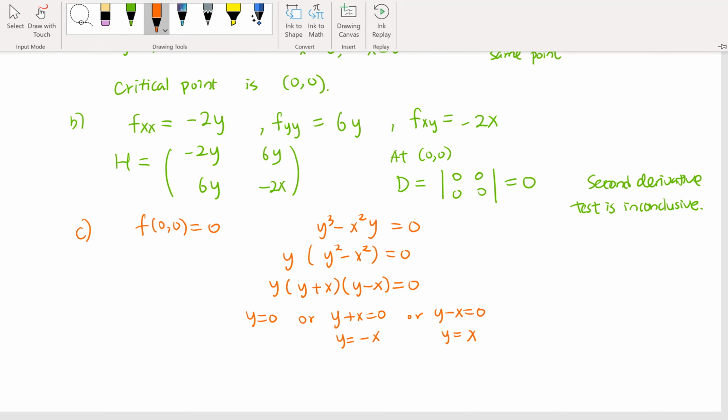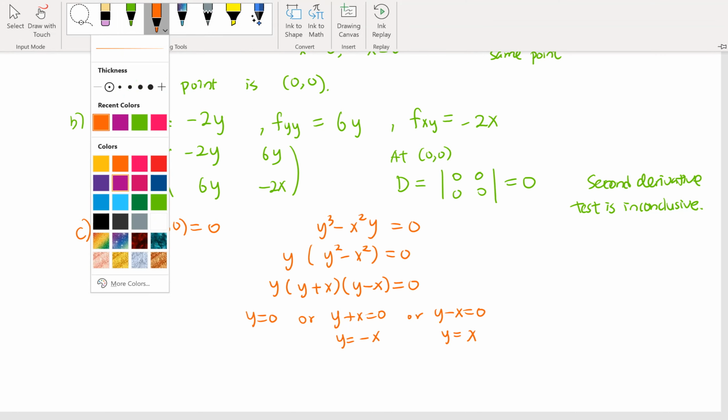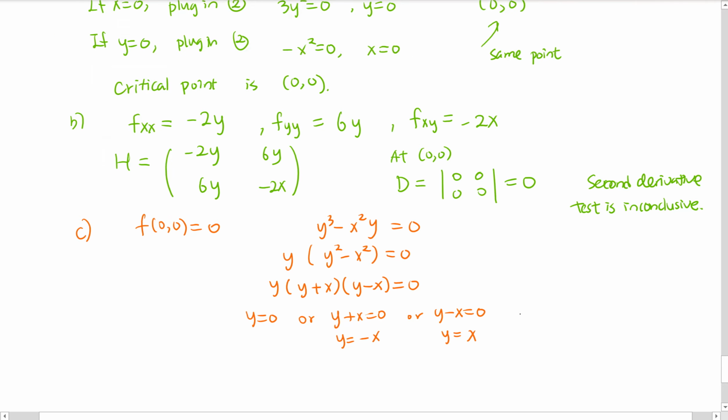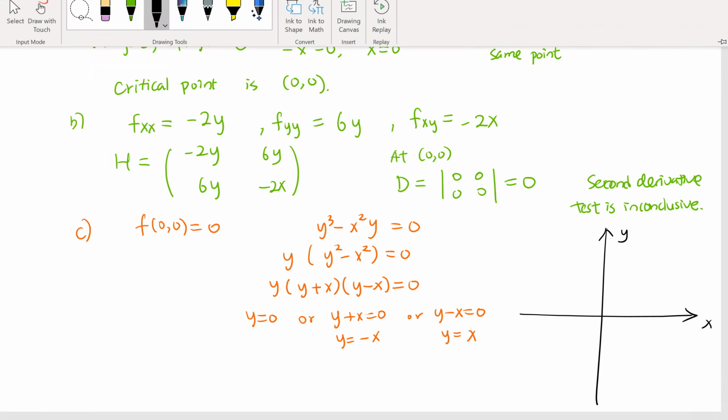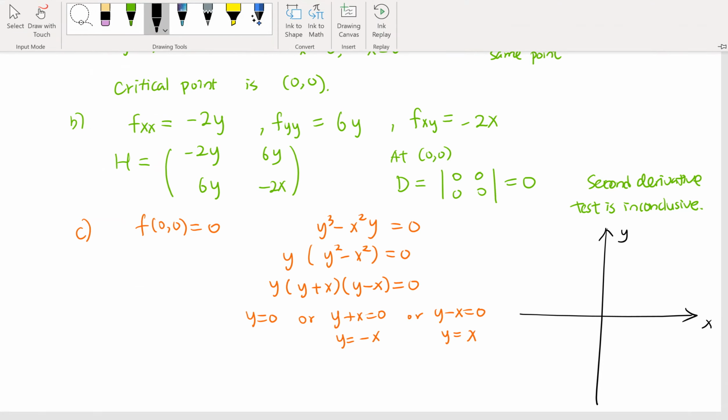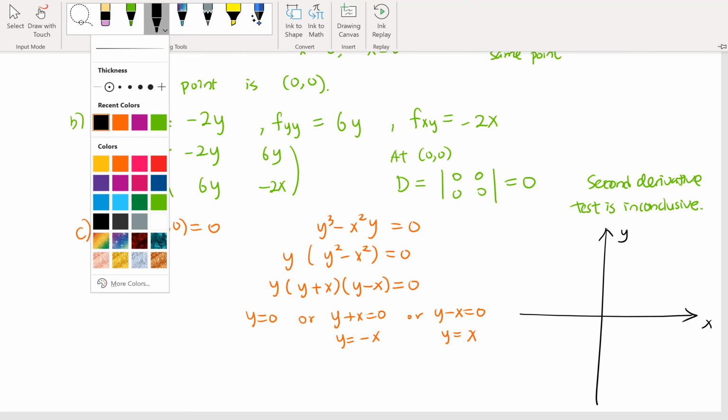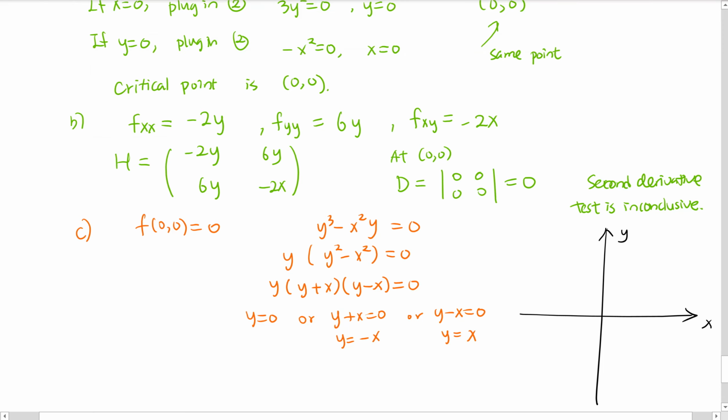Let's see here. Okay, this is the x, this is the y. What is y equal to 0? Well, y equal to 0 is the x-axis.